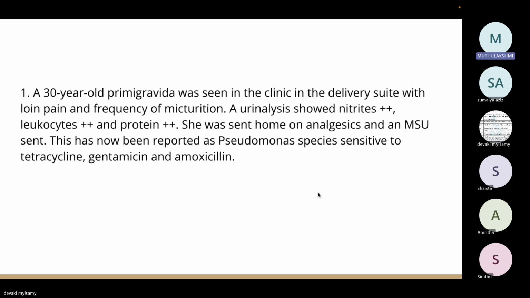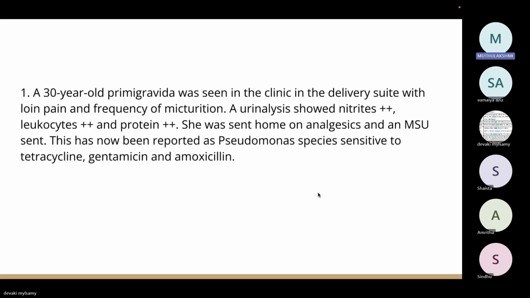So, room number 1 is symptomatic urinary tract infection in a 30-year-old primigravida, Pseudomonas species. Here we need to know the gestational age of the patient. Anticipated risks will be recurrent urinary tract infection, pyelonephritis, preterm labor and low birth weight.